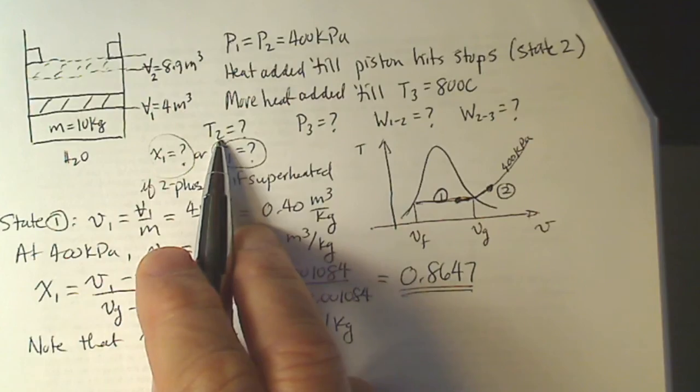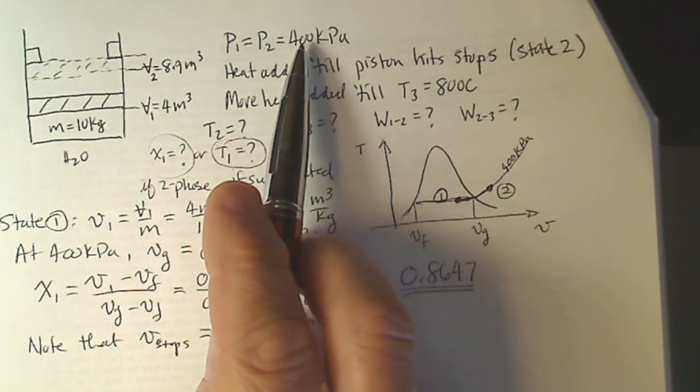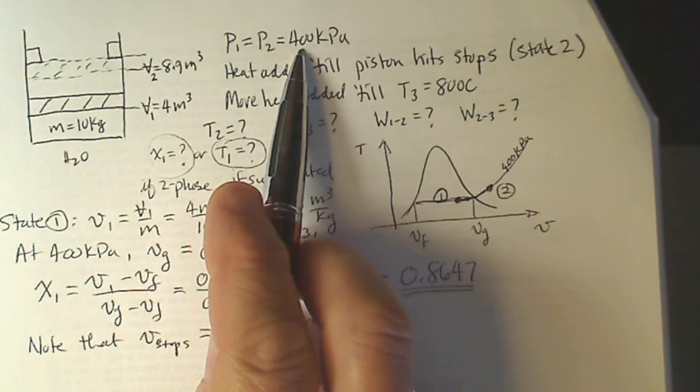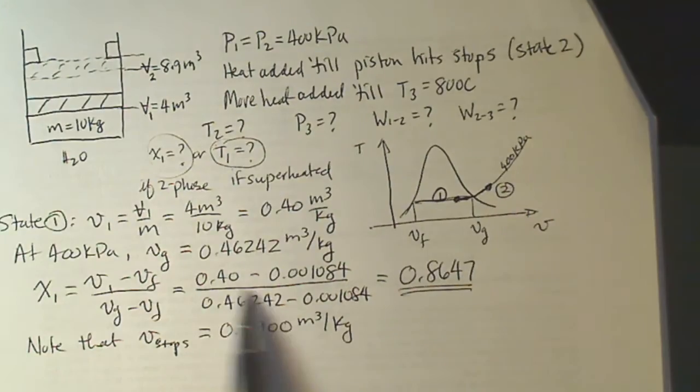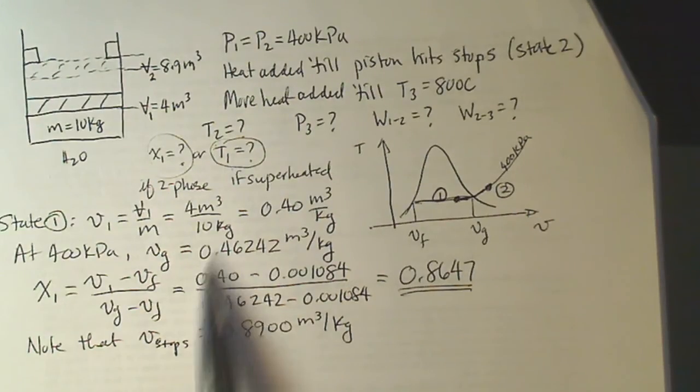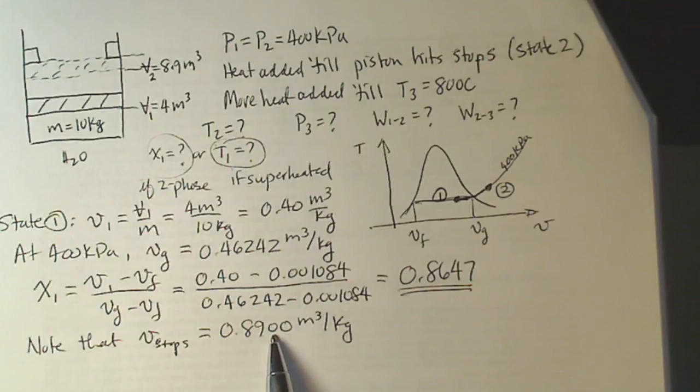How will I find that? Well, I know that the pressure is 400 kPa. I also know it's in the superheated region because I reasoned that out from this expansion part.